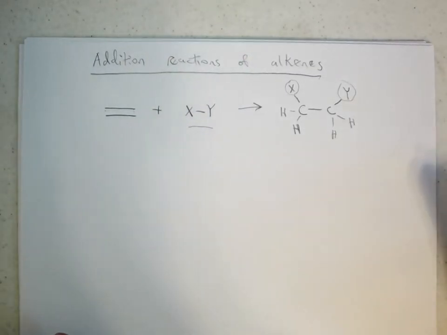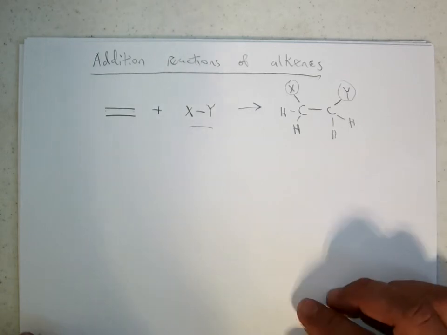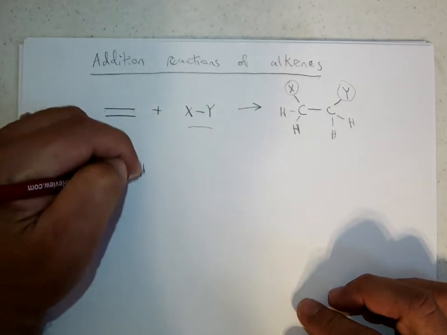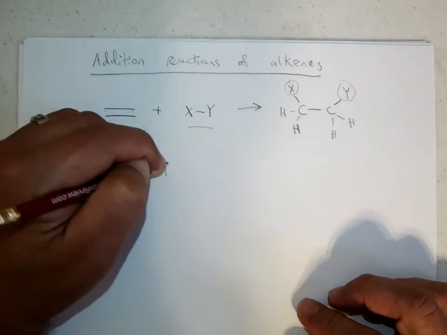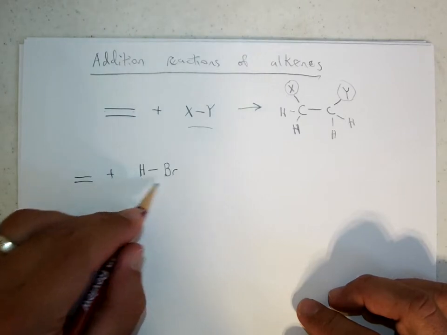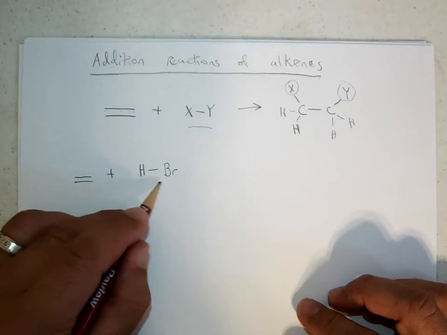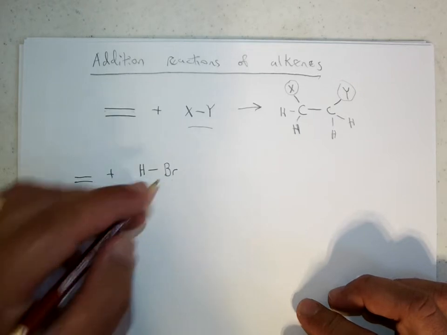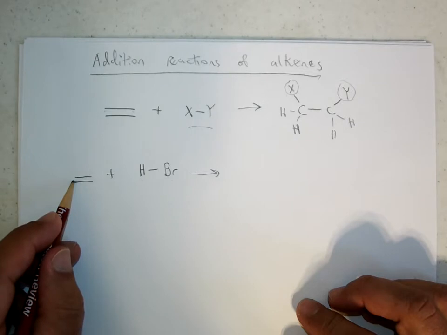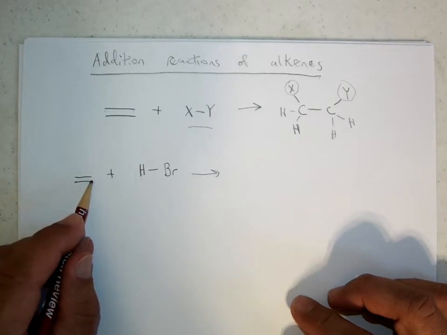So let's go in a general overview of the types of things we're going to see. If we have ethylene and we add hydrohalic acid, so something like hydrogen bromide or hydrogen chloride or hydrogen iodide, the strong acid will react and you'll end up with the hydrogen on one carbon and the halogen on the other carbon.